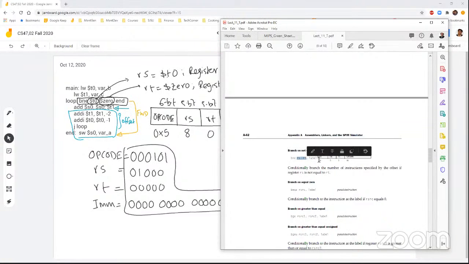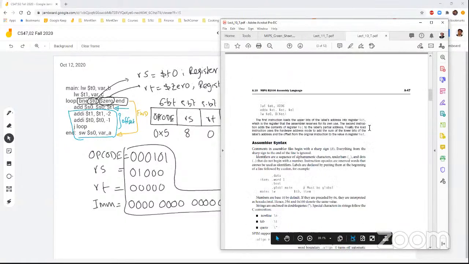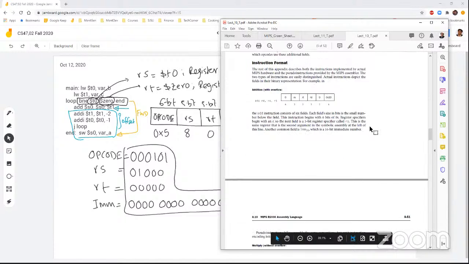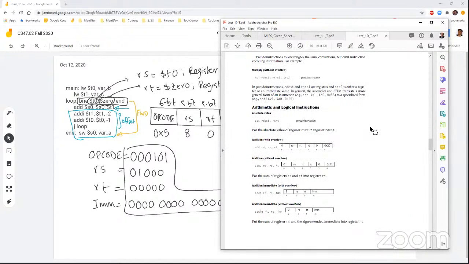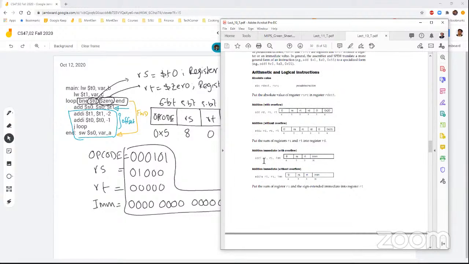RS, RT follows the same order as in machine code, but if you open an I-type instruction, for example ADDI, it is RT, RS from the assembler perspective. The assembler treats the first argument as RT and the second as RS, but the machine code format order is still the same as in BNE.